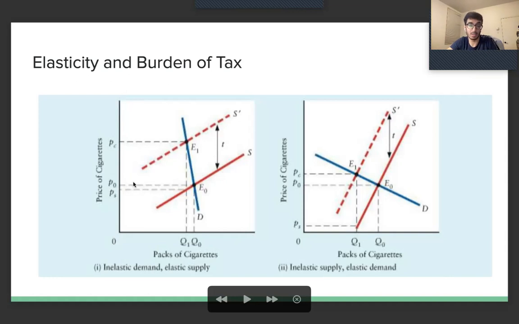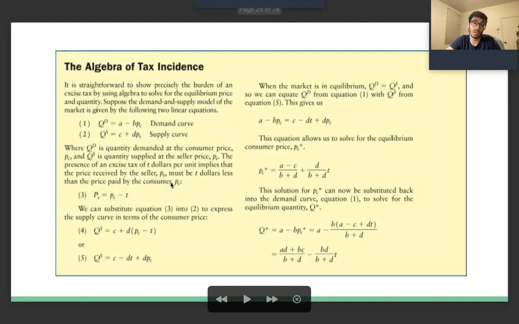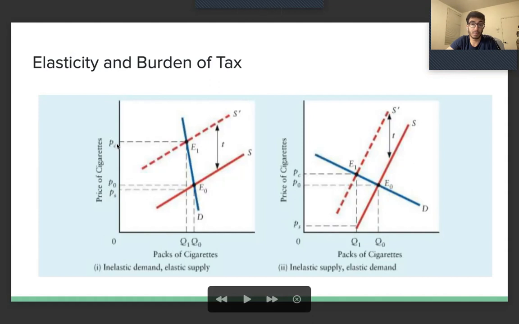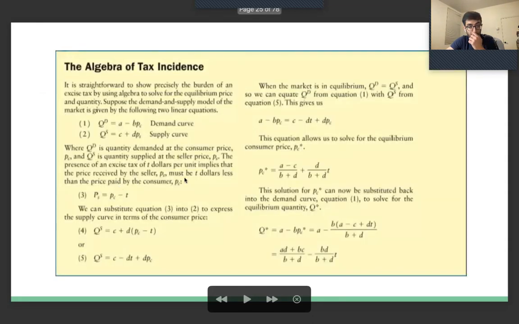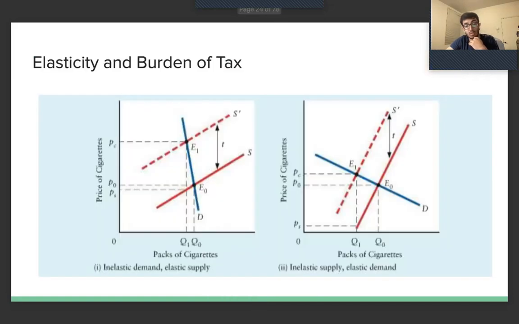So that's the burden of the consumer, PC minus P0, and you would be given the initial equilibrium in the question somehow, or you would have had to calculate it for a part earlier in the question. So it's just the difference between PC and the initial equilibrium that was there before the tax. That gives you the burden on the consumer. And then the burden on the producer is the initial equilibrium P0 minus PS.